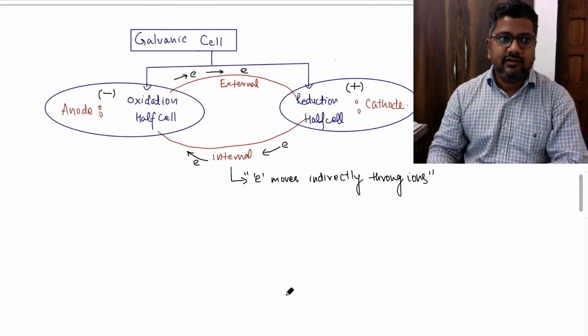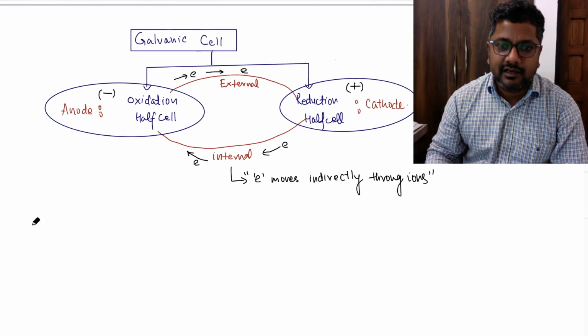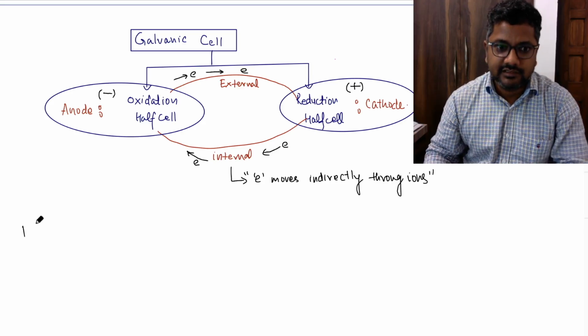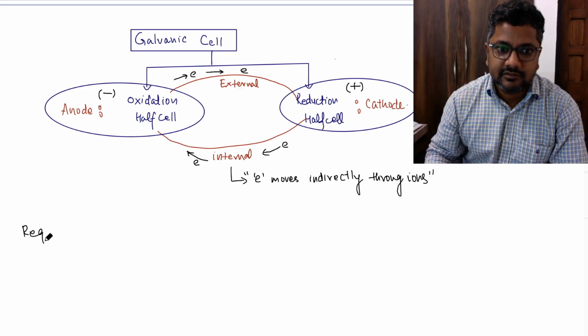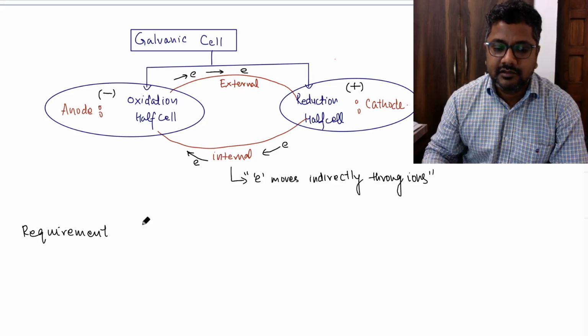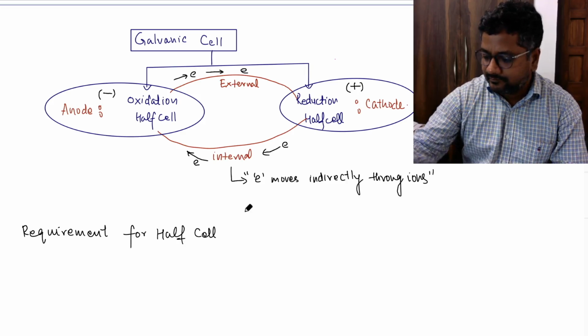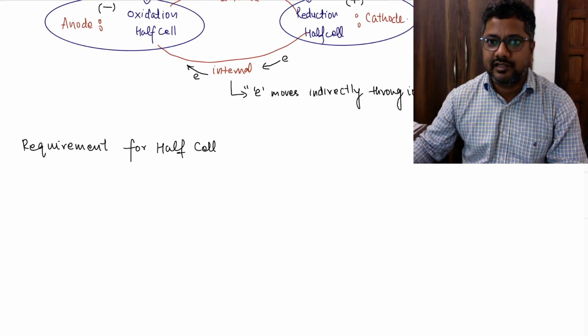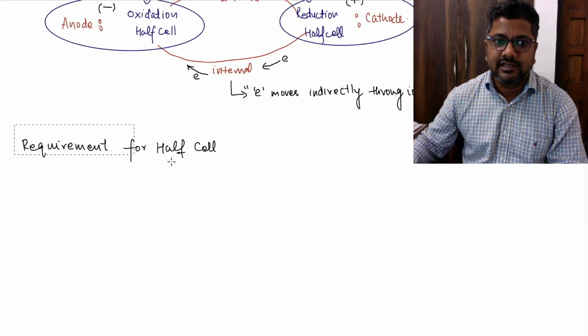Now see what the requirement is for making a half cell. Half cell means, whenever I have not specified, you should consider both the oxidation as well as the reduction half cell.